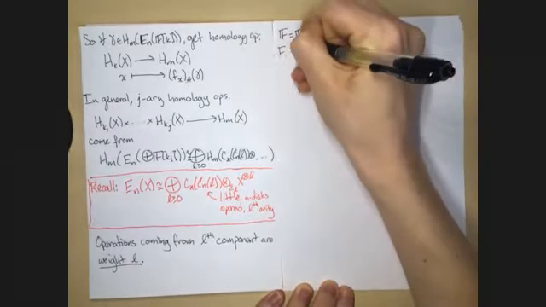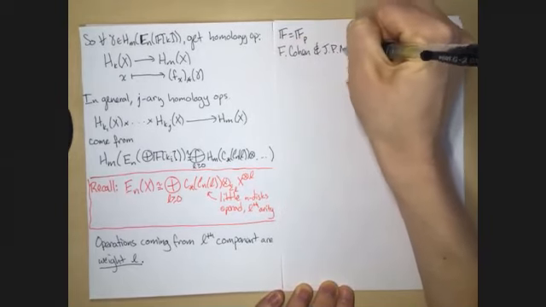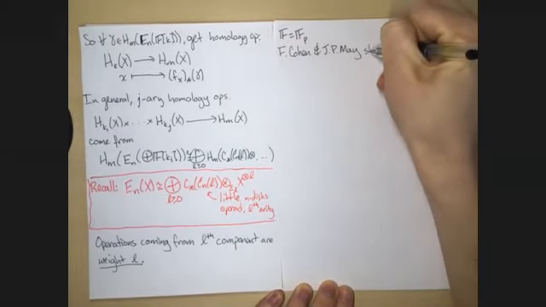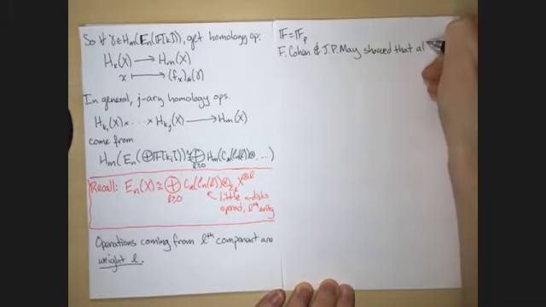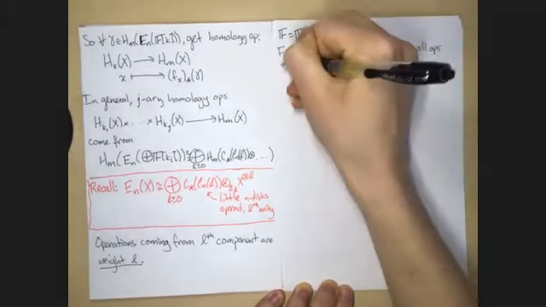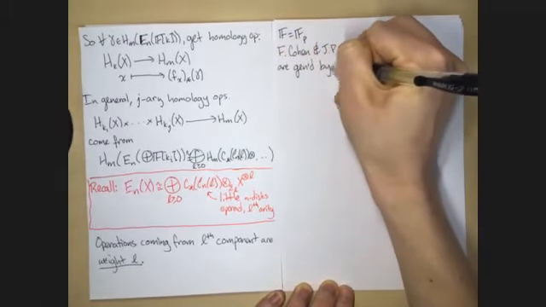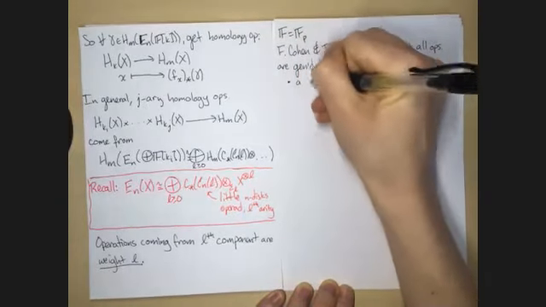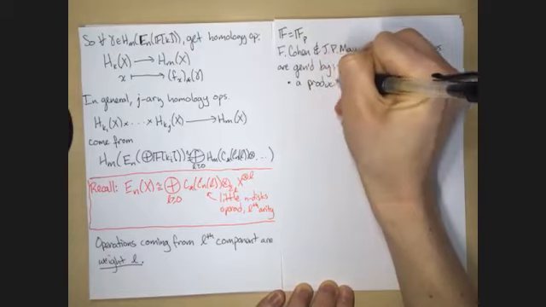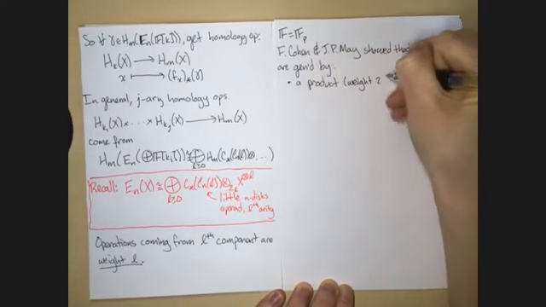And Fred Cohen and Peter May showed that all operations like this are generated by the following operations. So first of all, we have a product, which, as you might guess, is a weight 2 binary operation.